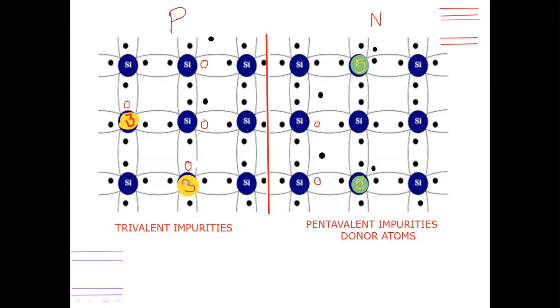Due to the impurities which I am adding into the p-type semiconductor substrate, a new energy level is introduced in the band gap, just above the valence band in p-type.